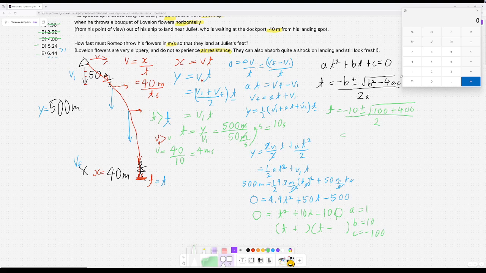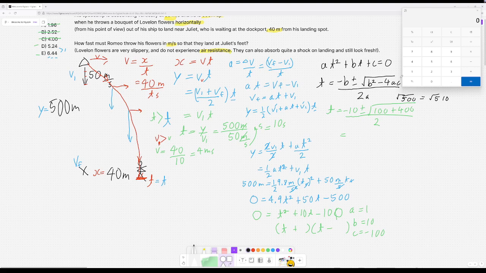Now, if we work through this portion over here, this is actually equal to the square root of 500. The square root of 500 is equal to the square root of 5 times the square root of 100, and the square root of 100 is 10.